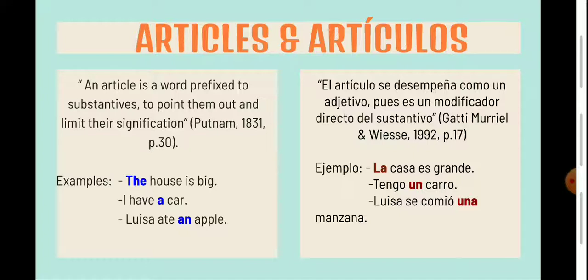On the other hand, in Spanish, el artículo se desempeña como un adjetivo, pues es modificador directo del sustantivo. This is according to Gatti Muriel and Weiss. For example, la casa es grande, tengo un carro, Luisa se comió una manzana.